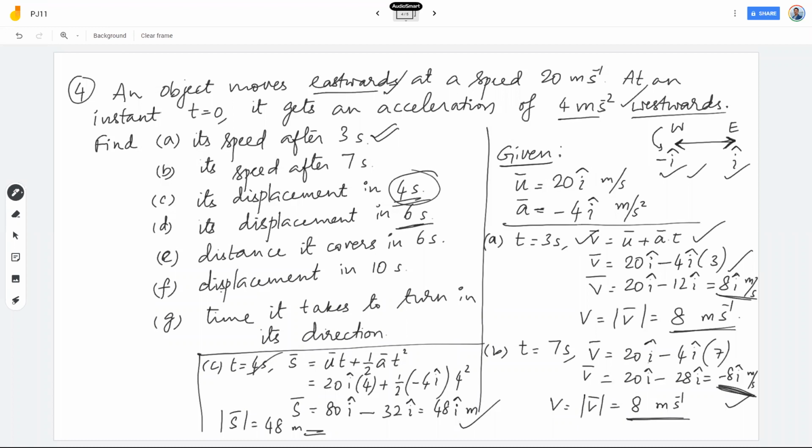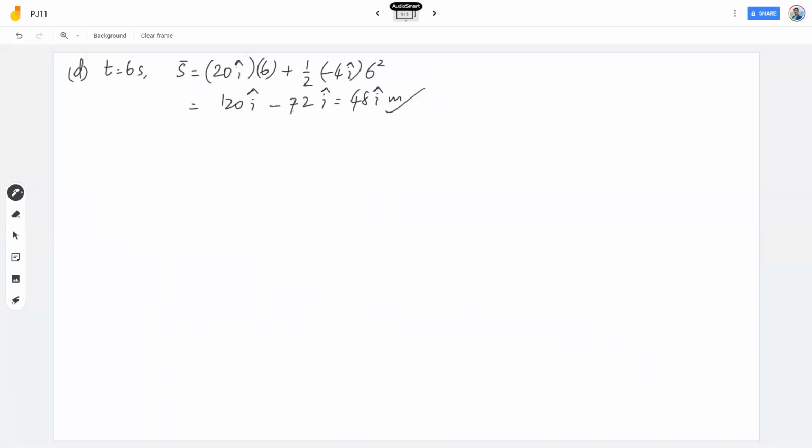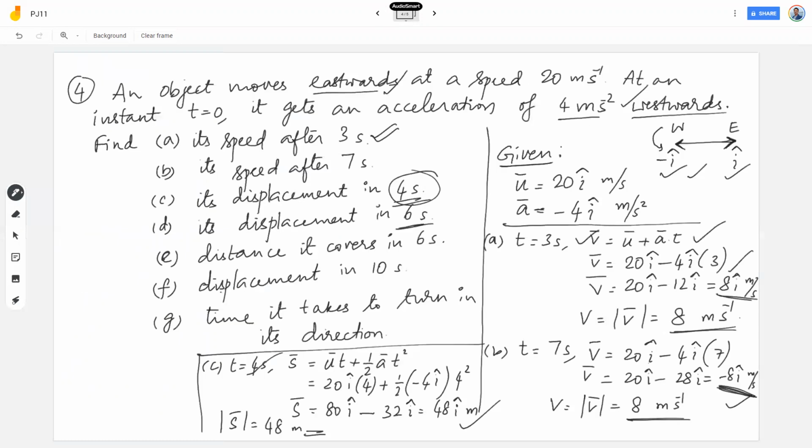Displacement is 48 meters. Okay. So fourth question. Question D also 48 I cap. Niranjan, what are you asking? For questions C and D, answer is 48 I cap.